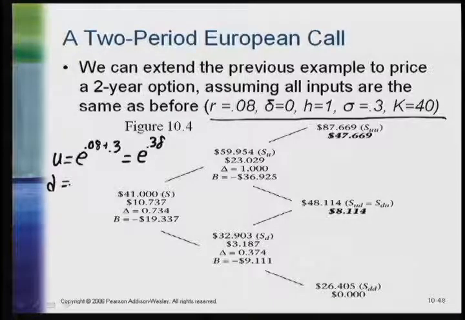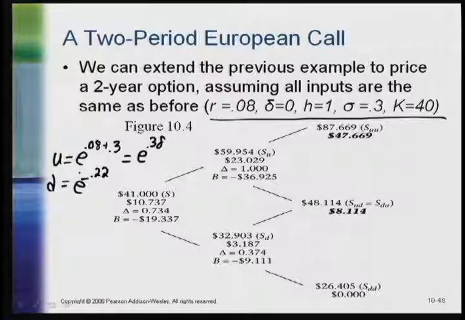D is correspondingly 0.08 minus 0.3, so it would be e to the minus 0.22. As I mentioned in the earlier module, we would later see where the 59.95 and the 32.90 came from. They came from these formulas involving r, delta, and sigma, as well as h.